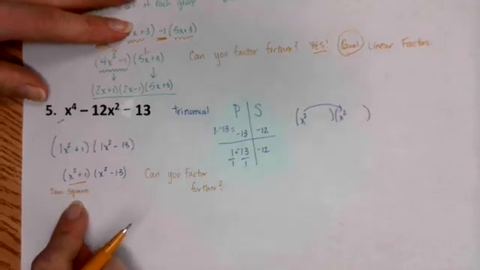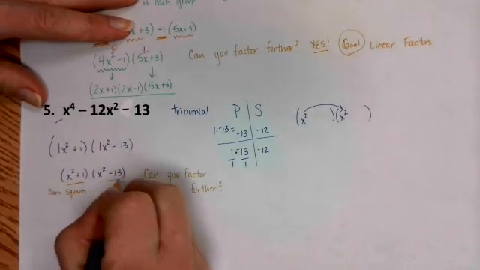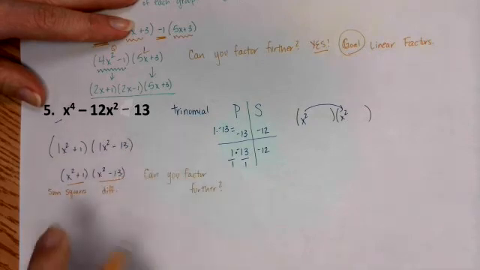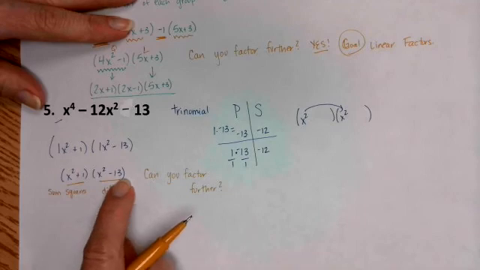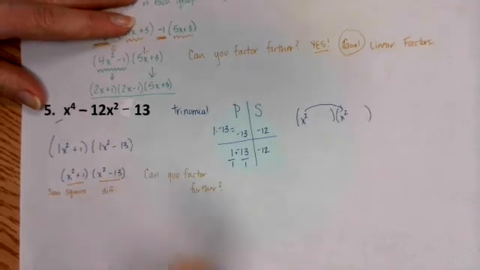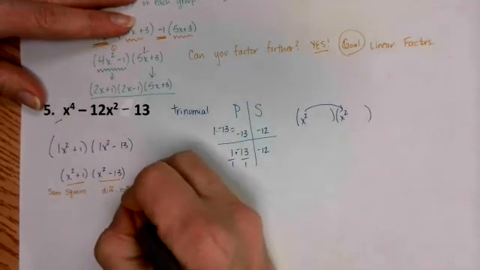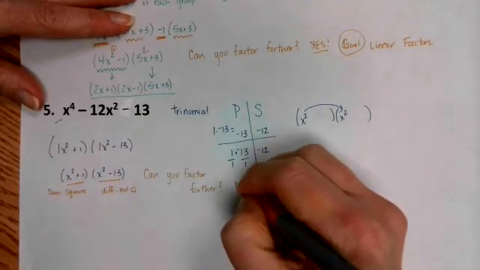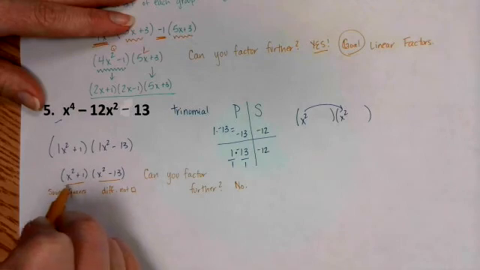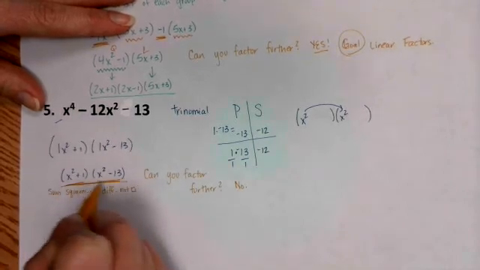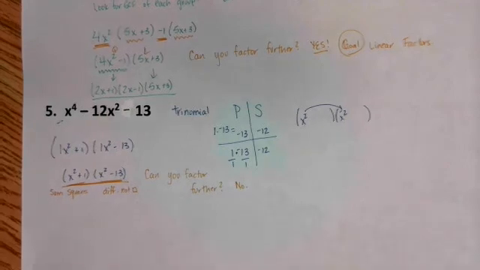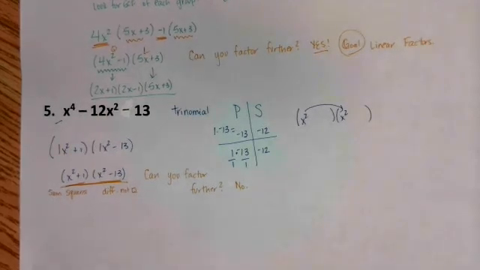This does not factor any further. Looking at this one, it is a difference. X squared is a perfect square, but 13 is not a perfect square. So I really can't factor any further for this. So this is my answer. So you need to make sure that you can determine if I can factor further and go from there.